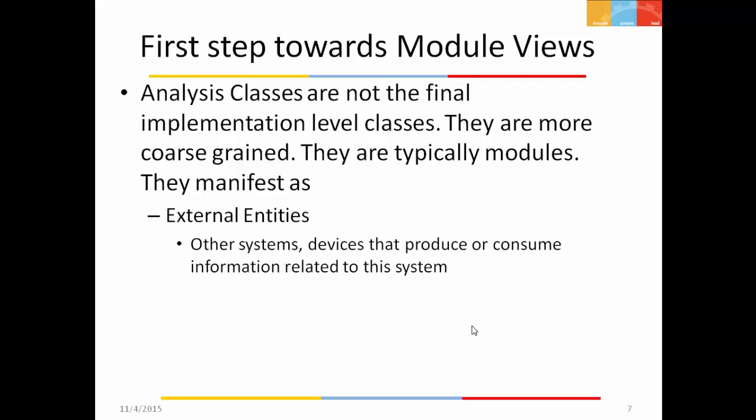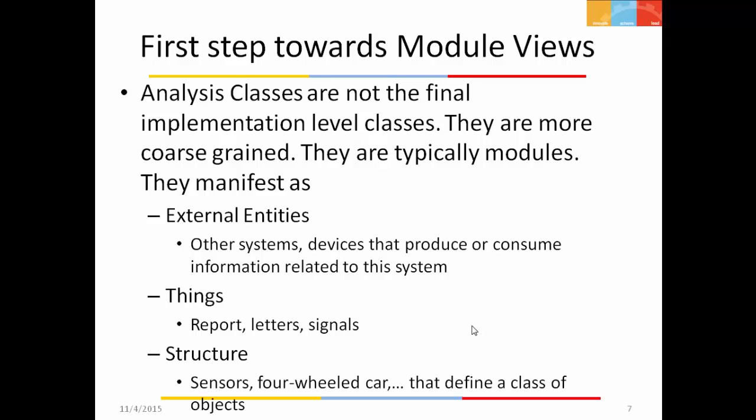While you are creating module views, either through the use case approach or through the feature driven approach, identify the external entities, like other systems and devices that are going to interact with the system that's going to be implemented. There are different things like reports, letters, signals, and main structures like sensors, four-wheel car, etc. These external entities, things, and structures are all going to be analysis classes.